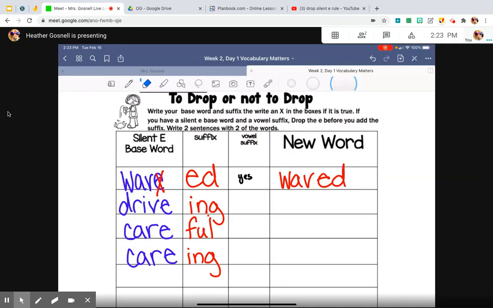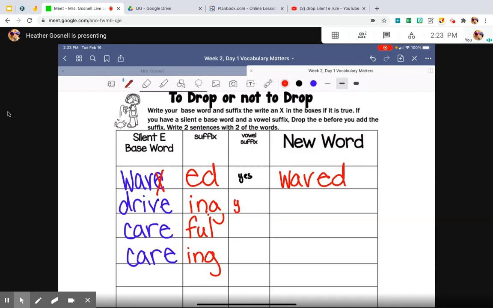Let's look at drive plus ing. Does the word drive have a magic E in it? Yes, it does. D-R-I-V-E. You don't hear that E, and that E's making I say its name. Ing is a vowel suffix.